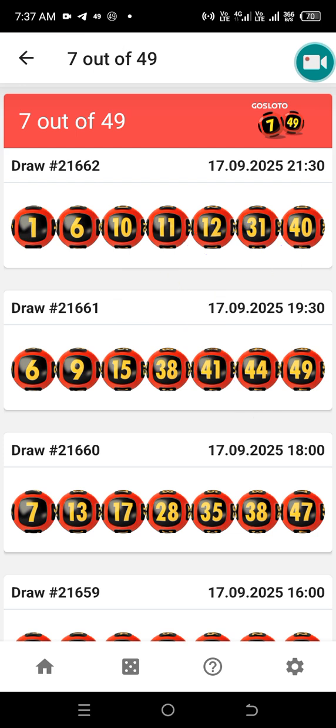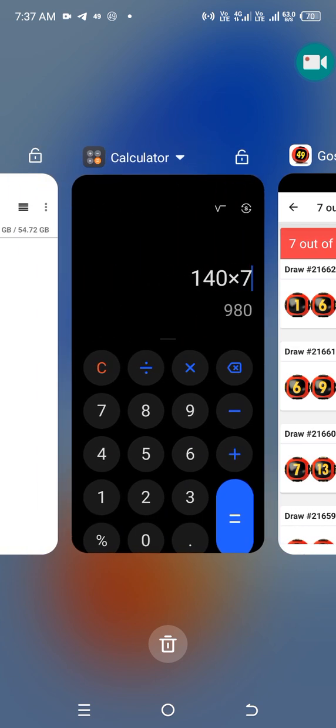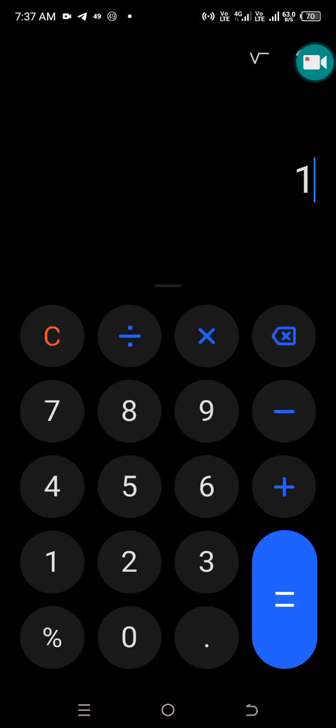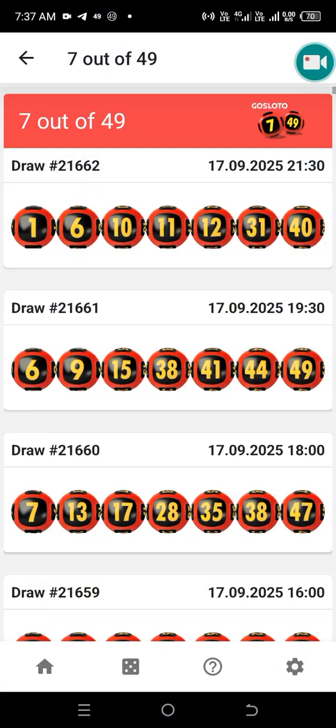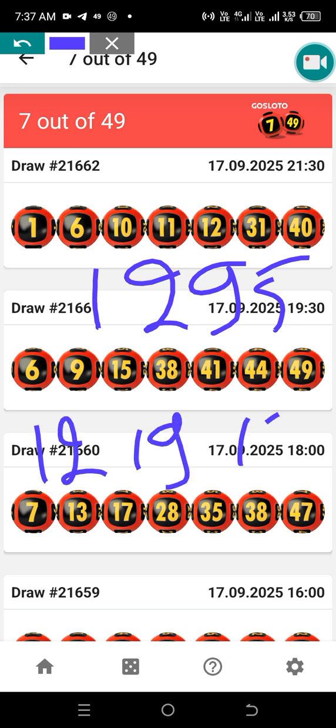Then you multiply it by 7, 1295. So 1295, the straight number we have 12, 19, 15, 29, 25, and 21.